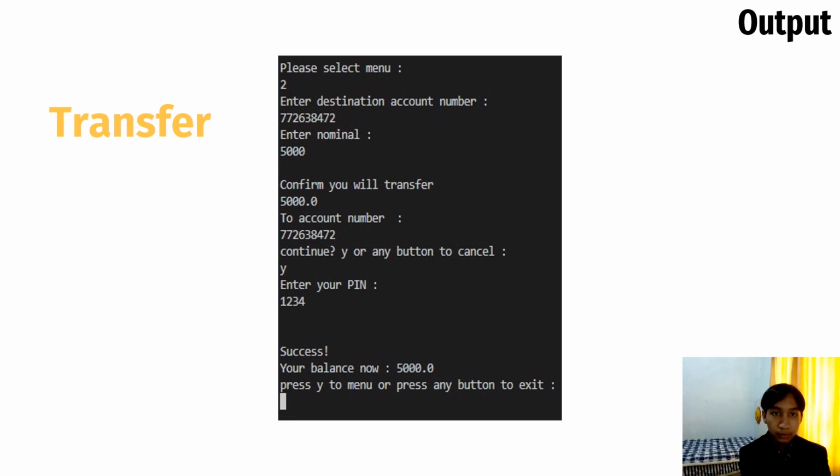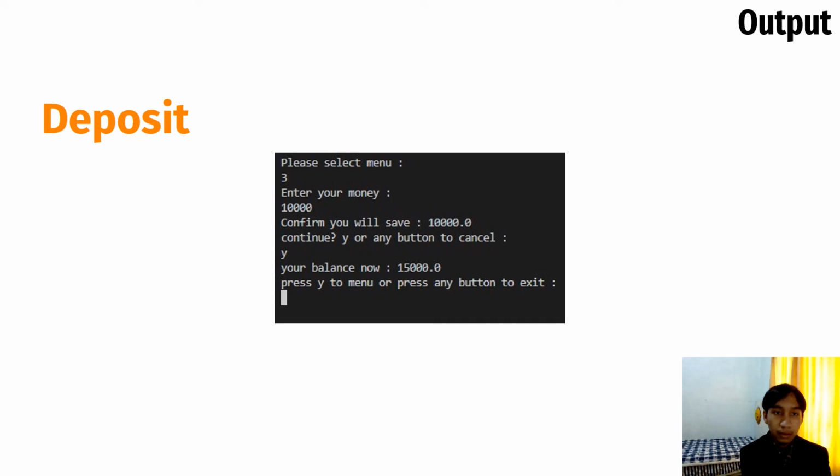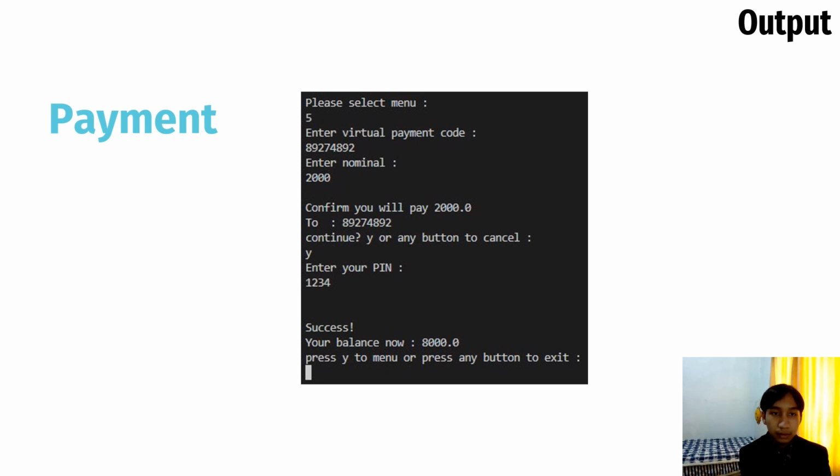Then transfer, to send by entering account, nominal, and confirming with PIN, and a notification will appear if successful. Deposit is to add savings by inputting the value of money and confirming. The payment process is also the same as the transfer.